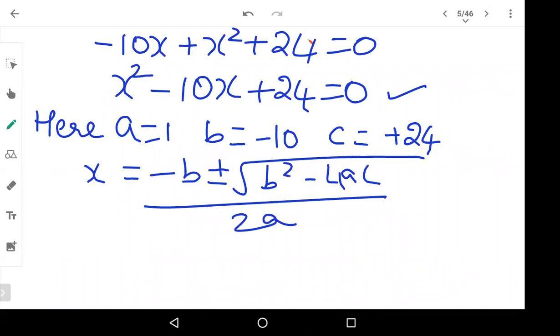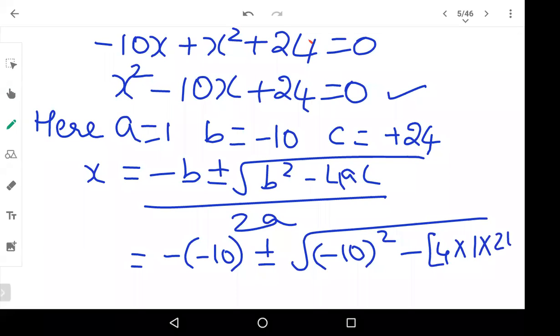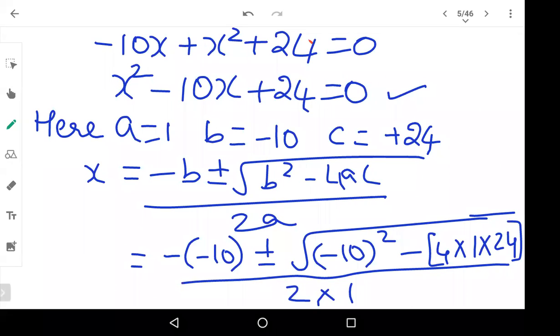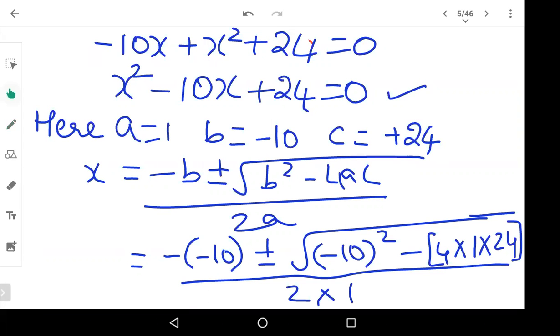So b is minus of minus 10 plus or minus square root of minus 10 square minus 4 into 1 into 24, divided by 2 into 1. So minus of minus 10 is nothing but plus 10, plus or minus square root of 10 square is 100 minus 4ac. What is 4ac? 4 into 1 into 24.